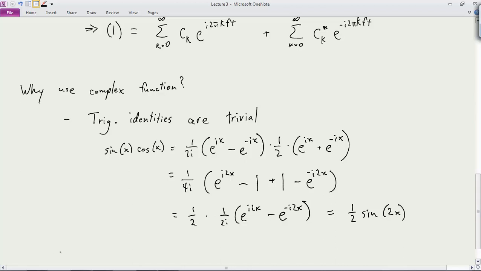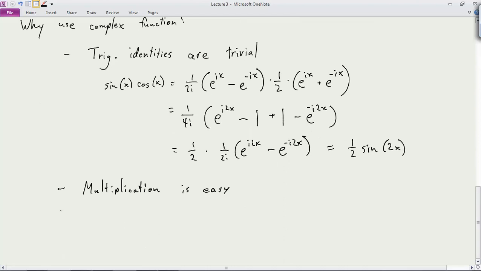Okay, so we'll put that here. Multiplication is easy. Derivatives are easy. Of course, they're pretty easy with trigonometric functions also, but I would say there's nothing easier than the exponential function for derivatives.